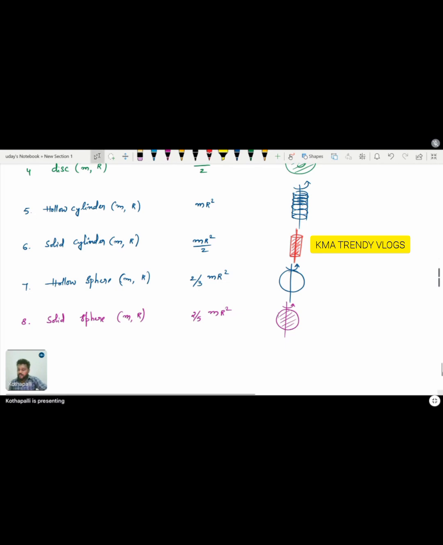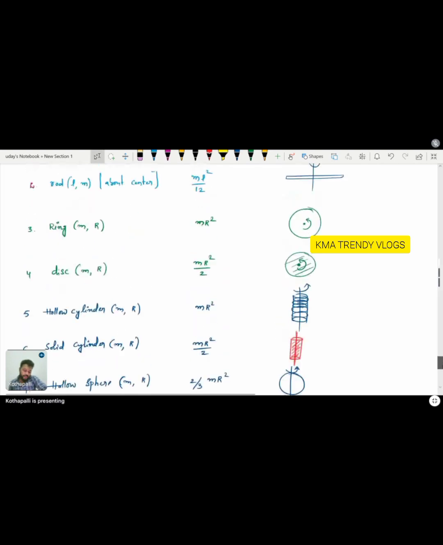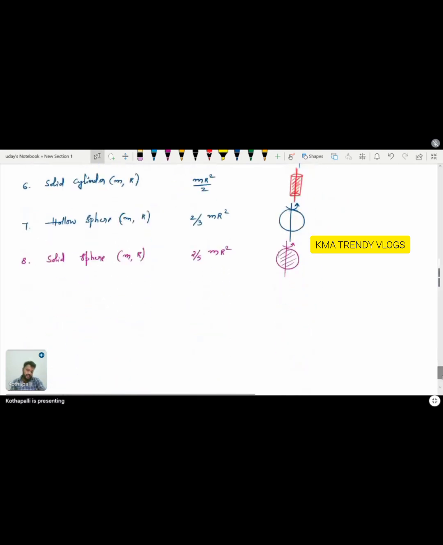Okay. Apart from this, one more case is there. Sheet of mass m, length L, breadth B. I'll tell you how it will be. It will be m by 12 of L square plus B square.